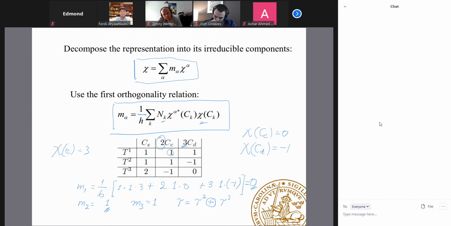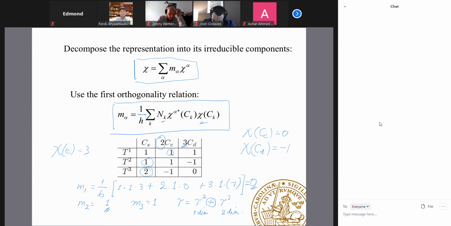Yeah. So this is one-dimensional representation, and this one, the T3, is two-dimensional, because these are the dimensions of the representations, and that fits with what we had before, with the explicit forms of the representation.